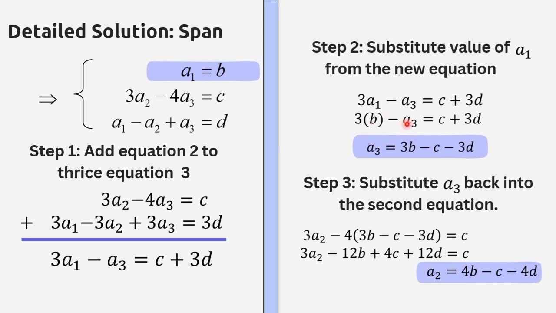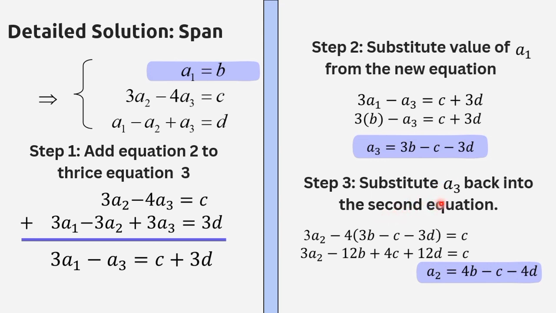Now we already have the value of a sub 3 and we are left with the value of a sub 2. So here we are going to substitute the value of a sub 3 which we had a while back and substitute it to the second equation. So here we have 3a sub 2 minus 4 times the value of a sub 3 which is 3b minus c minus 3d now equal to c.